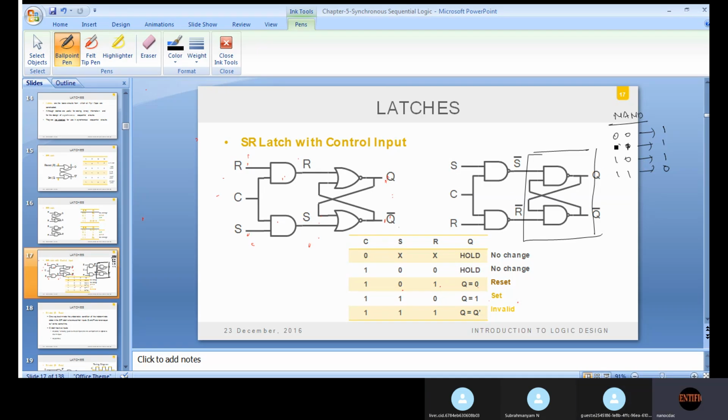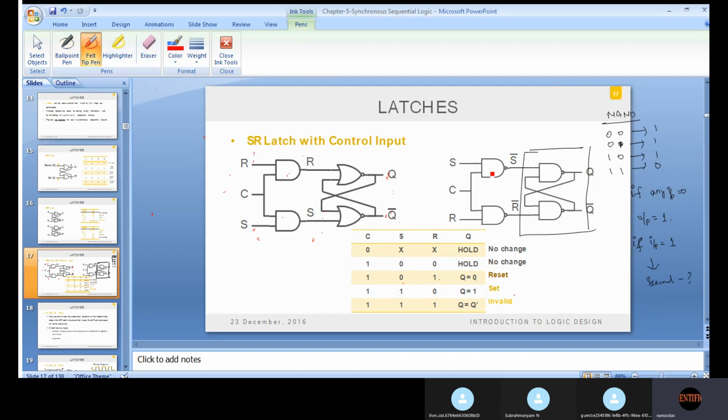So here, look, for NAND we write a statement like this: if any input is equal to 0, the output will be equal to 1. If the input is equal to 1, we need to check the second input. This is how we write the statement for the NAND gate.